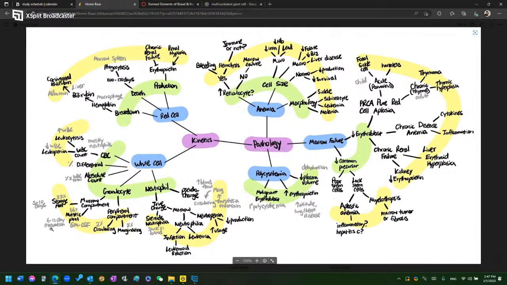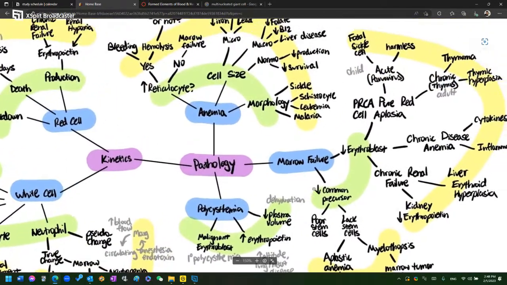It takes 6 to 12 days to mature before it goes into the blood. And then this is GM-CSF, which is increasing granulocytes. We'll talk about that more when we talk about drugs that affect blood cell development. So that's red and white cell kinetics. And then we'll go on to some of the disorders that we've been hinting at so far.